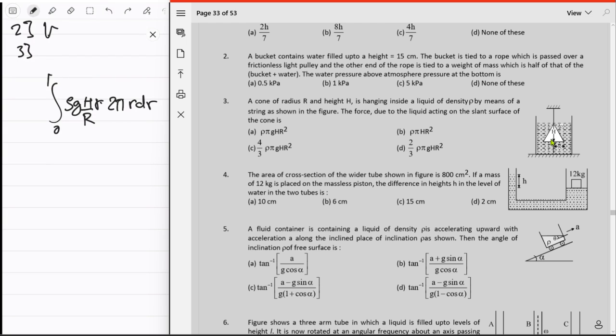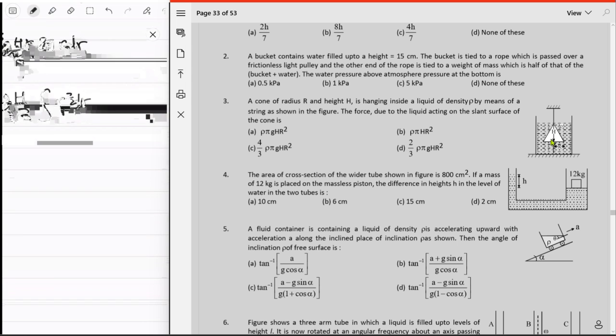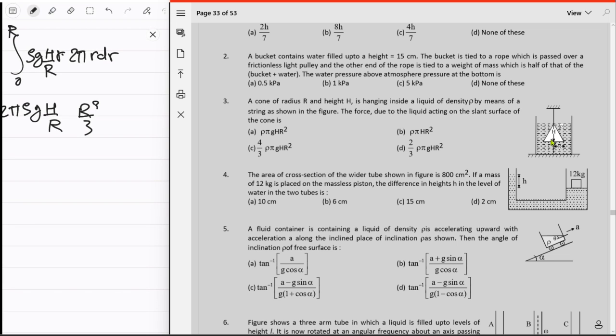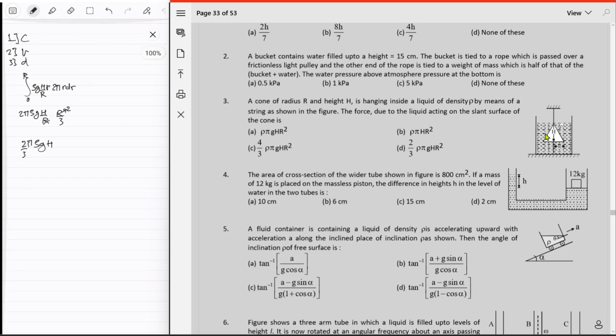So this term is 2 pi rho g h upon R, integration of r power 2 dr, which is r cube upon 3, just capital R cube upon 3, right? So 2 pi rho g, and there's 2/3 involved in there, so it will be D. Although that's definitely incorrect because you should also have atmospheric pressure involved in this, but whatever. D is the answer. Next question.